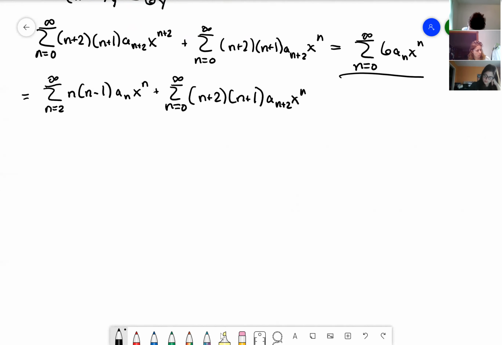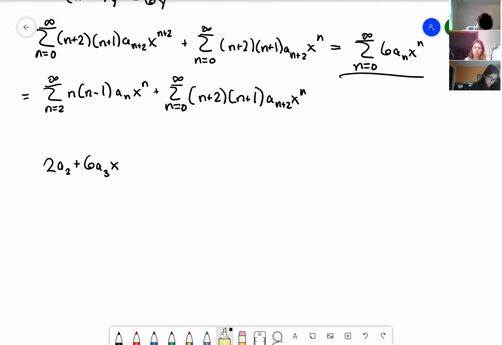Okay, we've got all x to the n's now, but we have an extra. We're starting off at n equals 2, so let's peel off a few terms here. On this side, for n equals 0 and n equals 1, we get 2a2 plus 6a3 x.